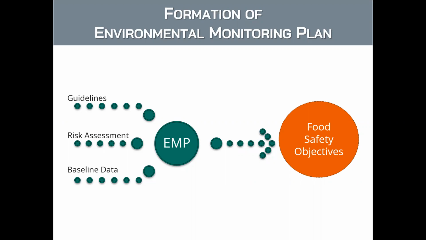It is the easiest thing to do and a low-cost effort to understand the risk of your environment. Hopefully, your EMP is developed by following the guidelines, assessing the contamination risk, and understanding the result of the baseline testing. A well-developed EMP should meet your overall food safety objectives.